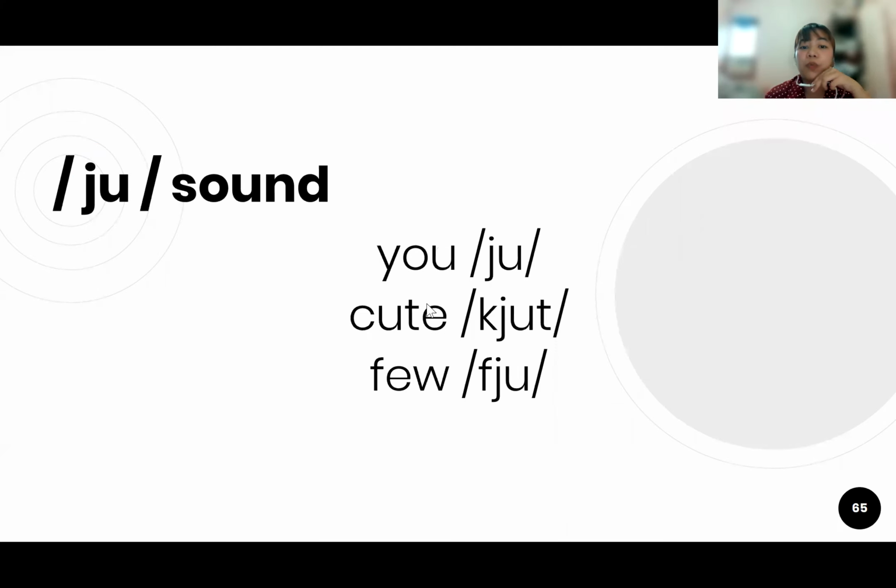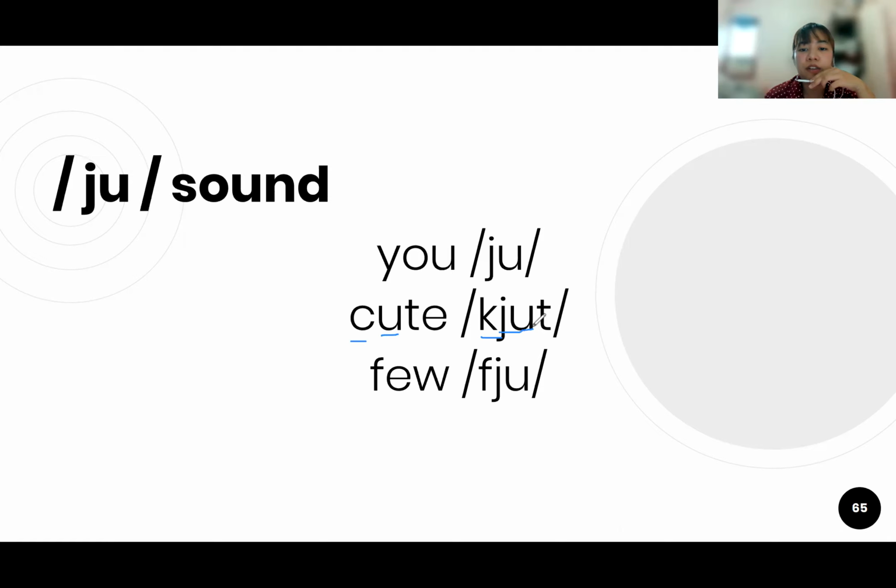For example, in the word you, so your YOU na pronoun could be transcribed just using this diphthong. You. Cute. For example, the word cute, you have there, k na sound. Your letter U here produces the U sound.